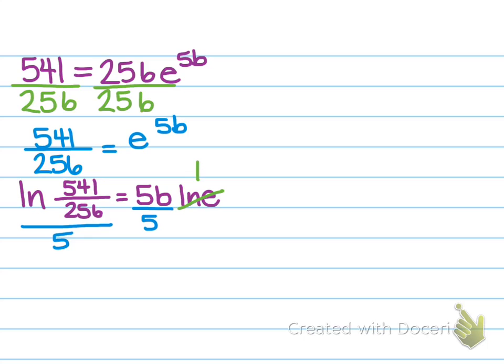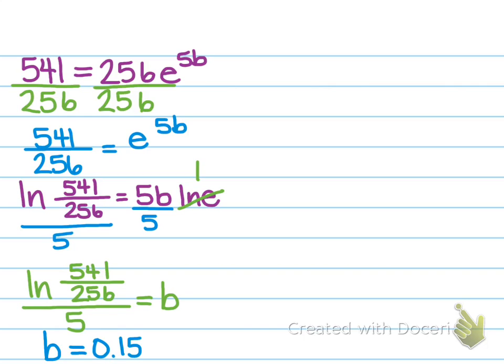So natural log of 541 over 256 divided by 5 will give me the value of b, which is the rate at which this bacteria is growing. So b turns out to be 0.15, and this is just a percent. I could move the decimal over and it would be 15%, but I want to leave it as 0.15 because I'm about to plug it back into a formula.